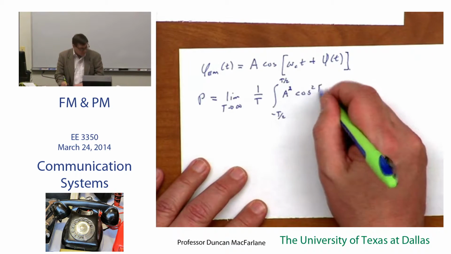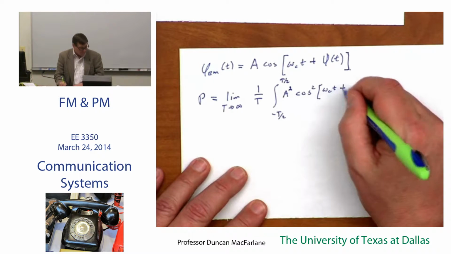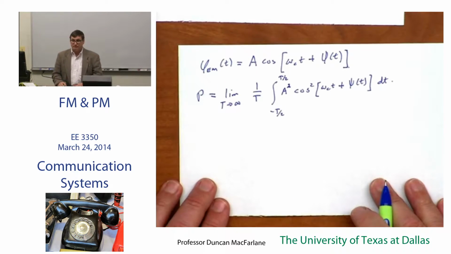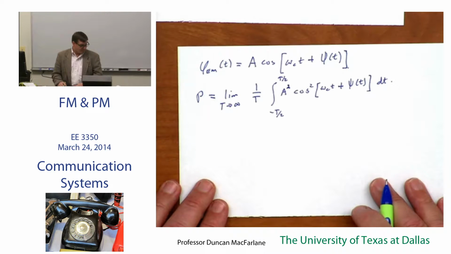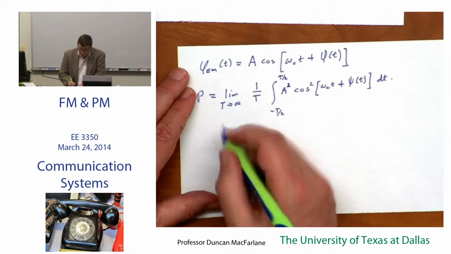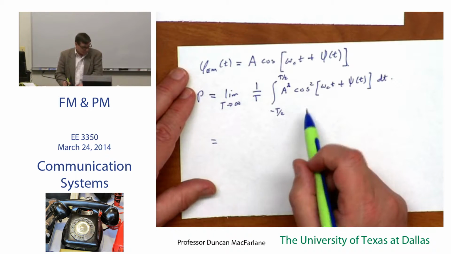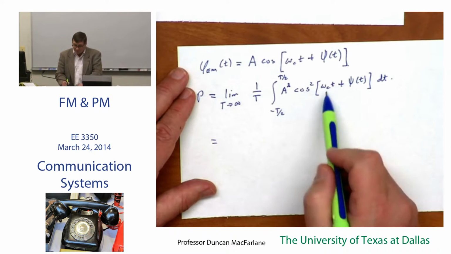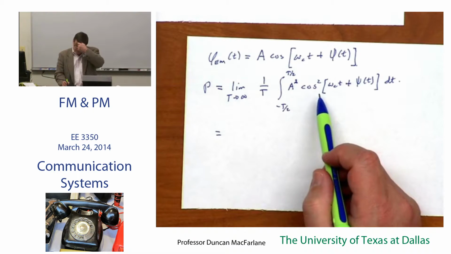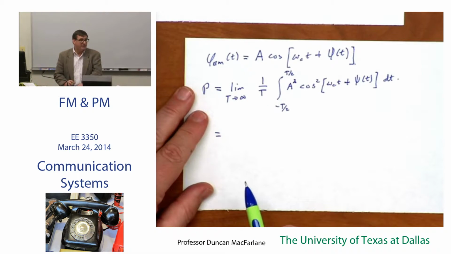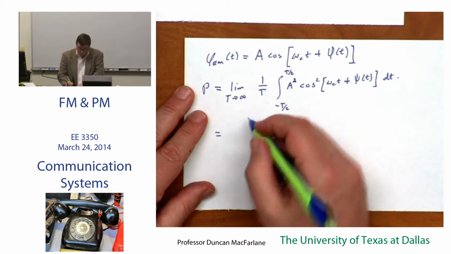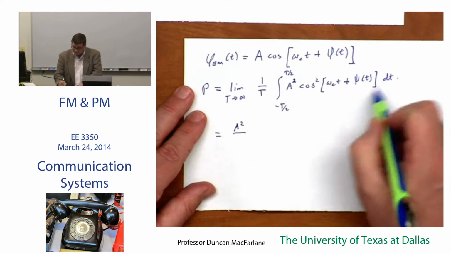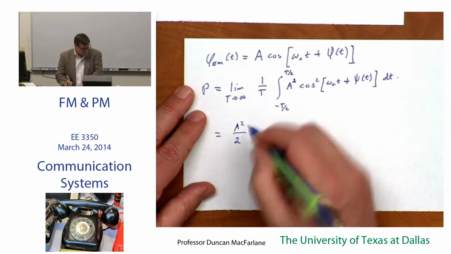Square the signal. And I use my trig identity here so that it's 1/2 of 1 plus 1/2 of twice whatever's going on in there. So that's a squared over 2.